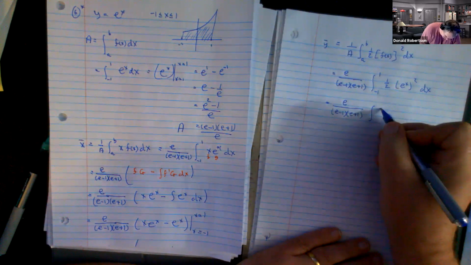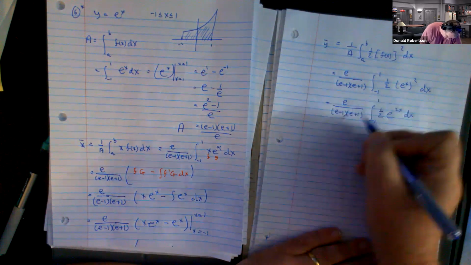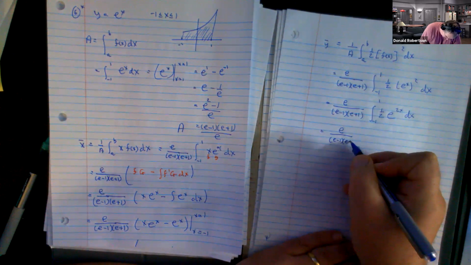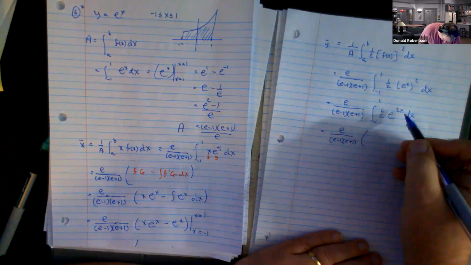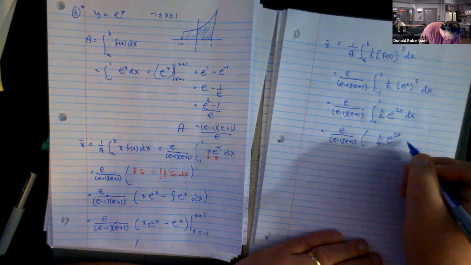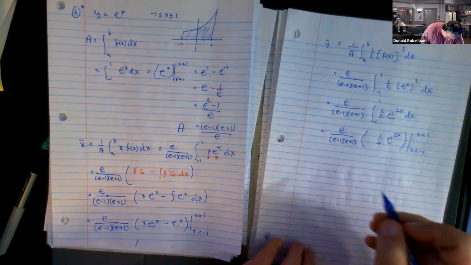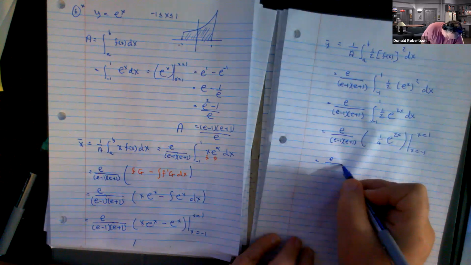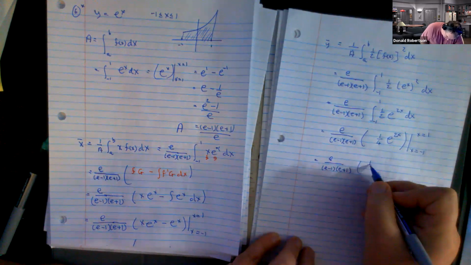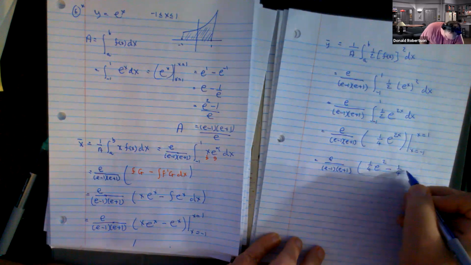So it's 1/2 e to the 2x. If you integrate e to the 2x, you get e to the 2x times 1/2. That's why that is now a quarter. Going to evaluate it at -1 to +1. And you're going to get 1/4 e squared, take away 1/4 e to the -2.